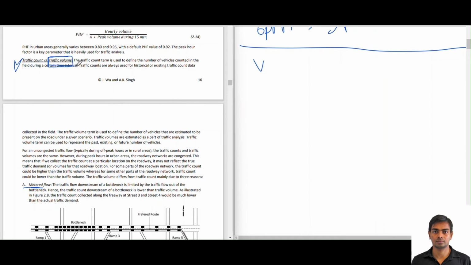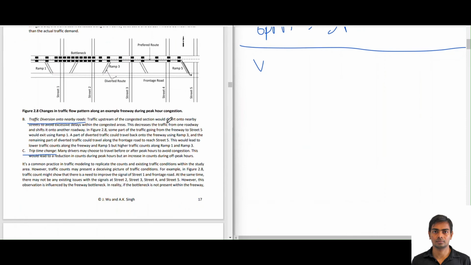However, it's impossible to actually go and collect traffic volumes. There is no practical way in a congested system to calculate traffic volume. What we can do is some analysis or an educated guess to reach traffic volumes, but the only thing we can observe is traffic count.